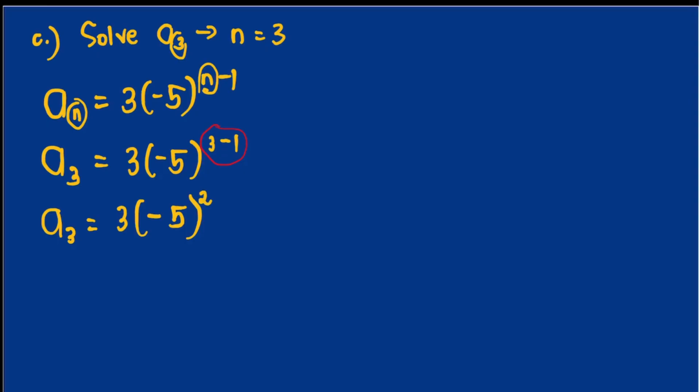Okay? So, we're going to work out yung exponent pa rin dyan. So, let's rewrite a sub 3 is equal to 3 times, ngayon, work out natin tong negative 5 raised to 2. So, ano ibig sabihin ng negative 5 raised to 2? Ang ibig sabihin niyan is, we're going to multiply the base twice.